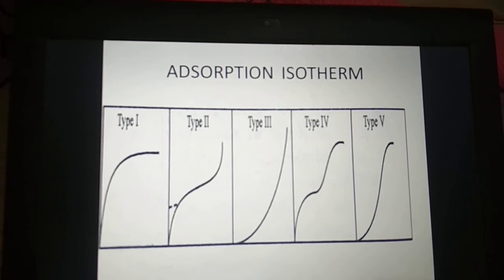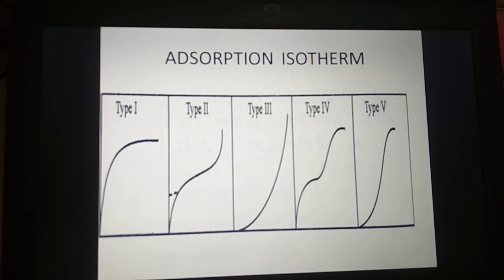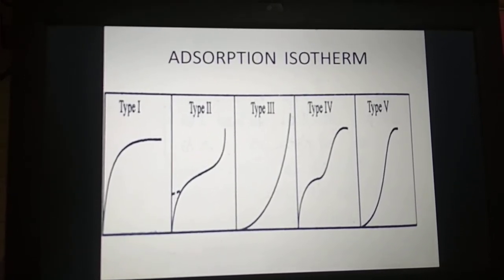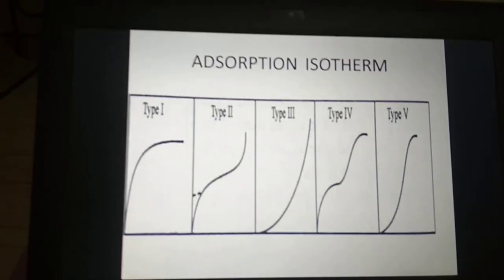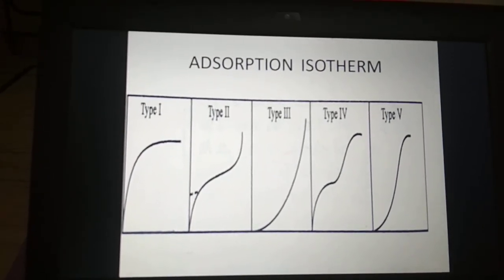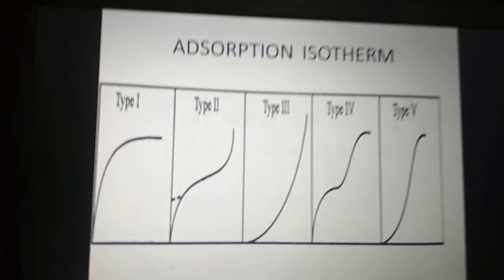At very low pressure, the adsorbed amount is directly proportional to pressure for all types. The third and fifth types of adsorption isotherm show that the amount adsorbed increases rapidly.